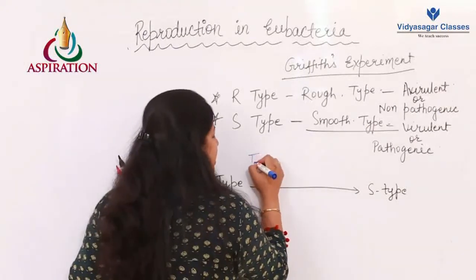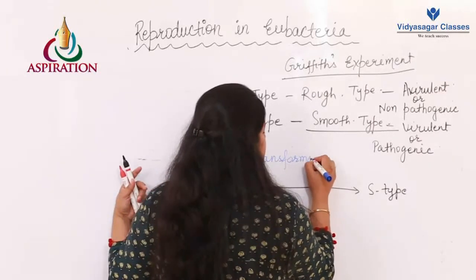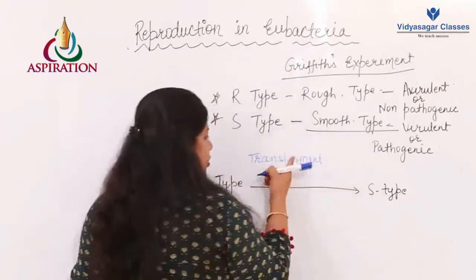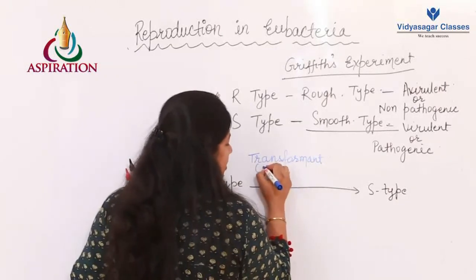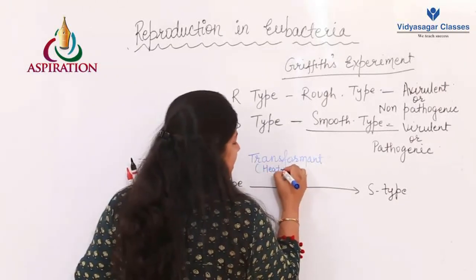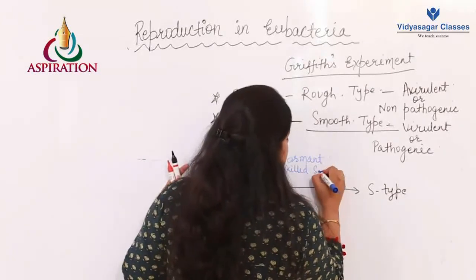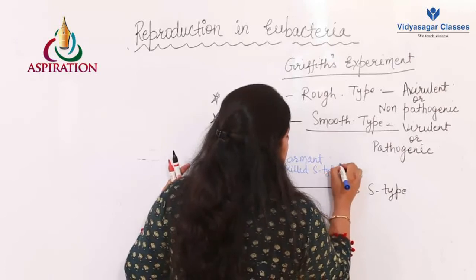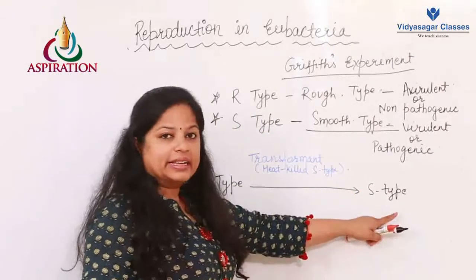So he named it transformant. According to him, this transformant came from heat killed S type, which converted the living R type to S type.